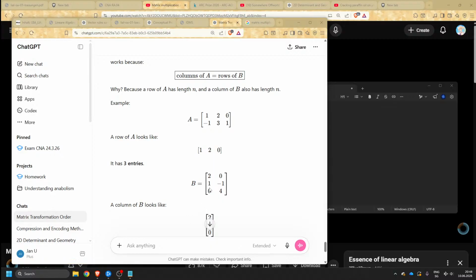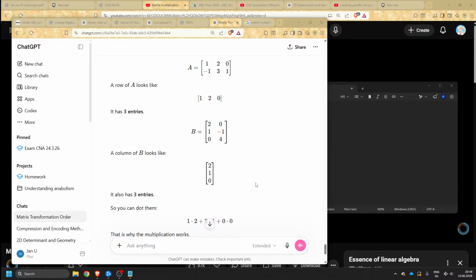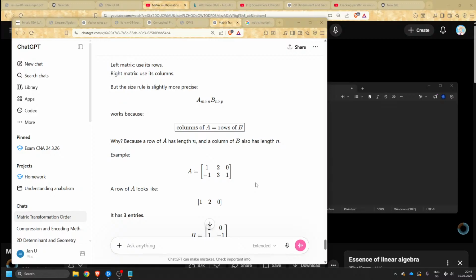Maybe 50-50, 50-50. Column B looks like 210. Has also length n.